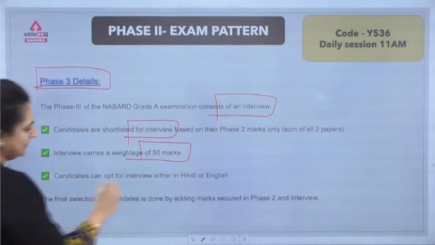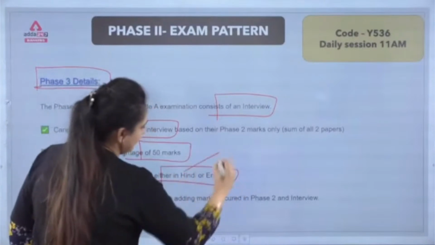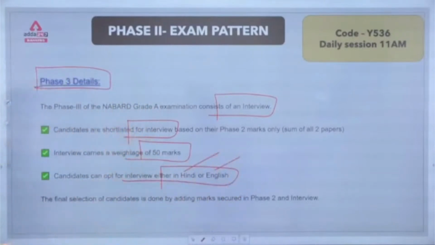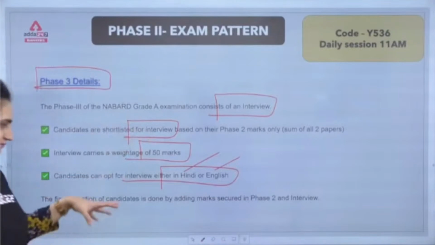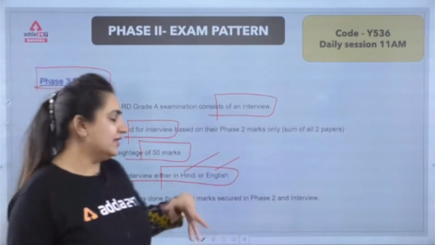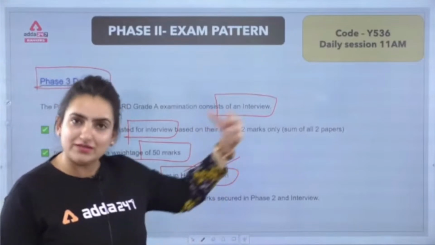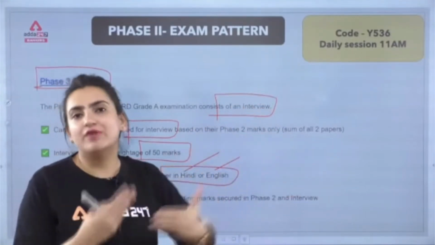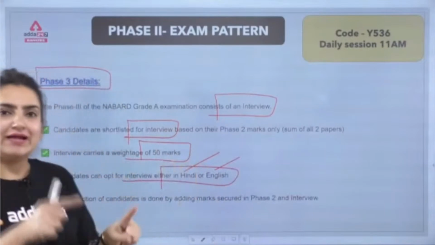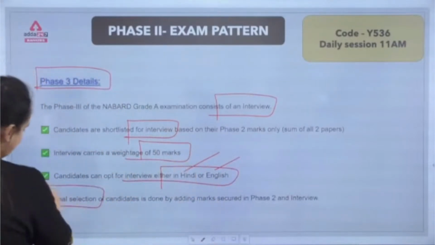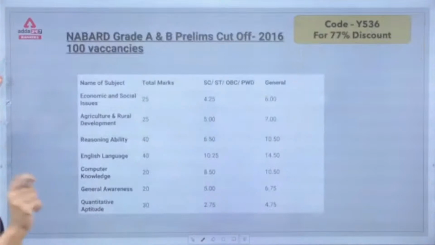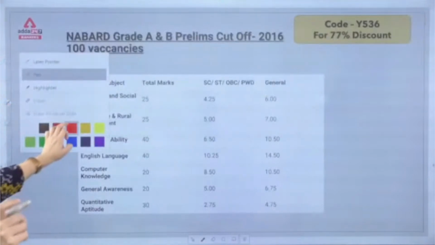Candidates can opt for the interview in Hindi or English, either language. The final selection will be based on the phase 2 and interview marks: 50 marks from that phase and 50 from here, a total of 100, and both will be compiled for the final selection. I think each and everything is very clear to each one of you.